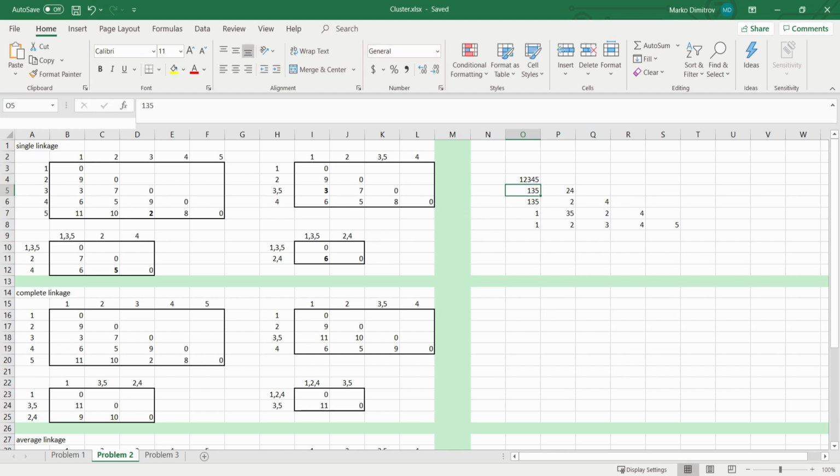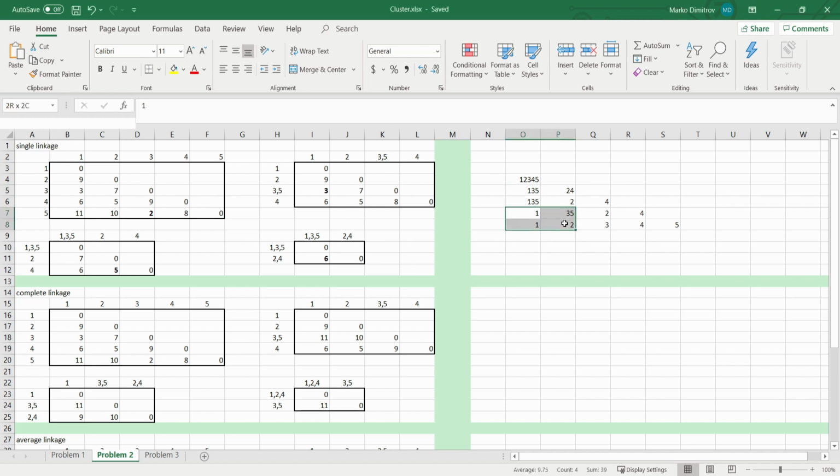To see the dendrogram, open page 684, and you can see figure 12.3. Okay, so this is the dendrogram for these distances of our objects. So the branches in this kind of tree are clusters.